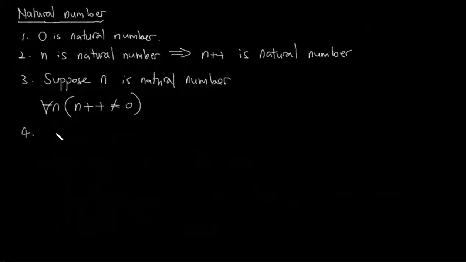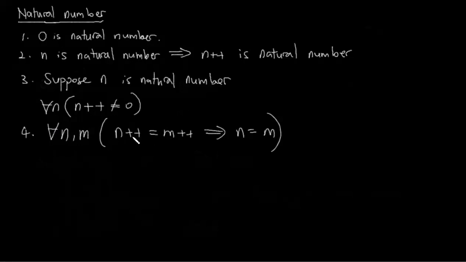So the fourth axiom states that for all natural numbers n and m, if n++ equals m++, this will imply that n equals m.